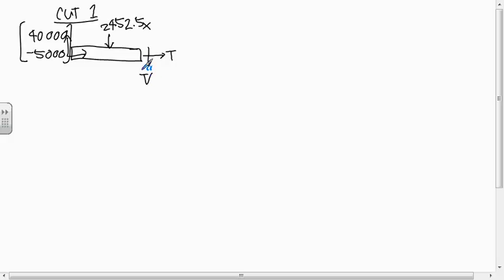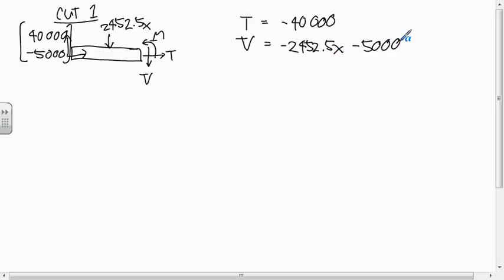T, V, and M. And I got a value for T of negative 40,000, V of negative 2452.5x minus 5,000, and M of negative 1226.25 x squared minus 5,000x.